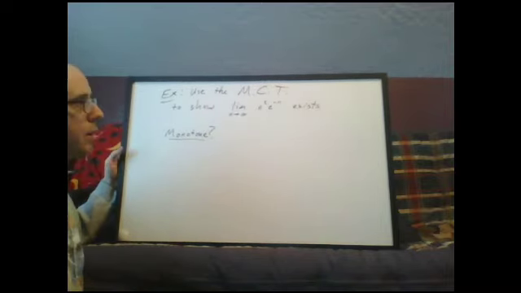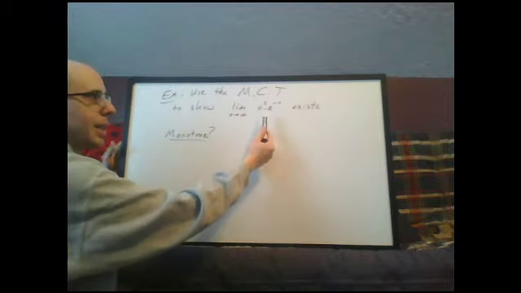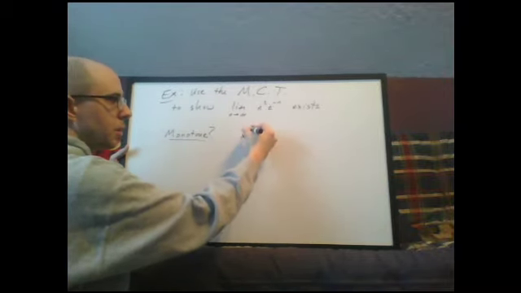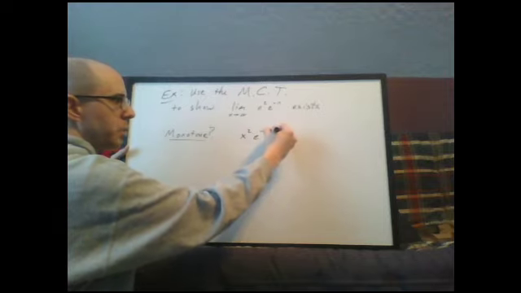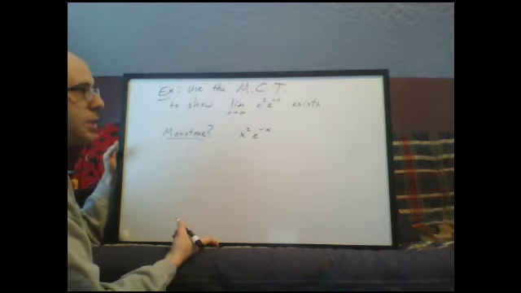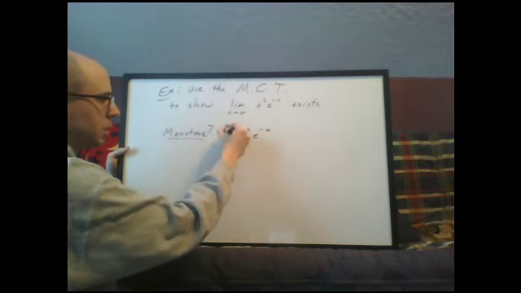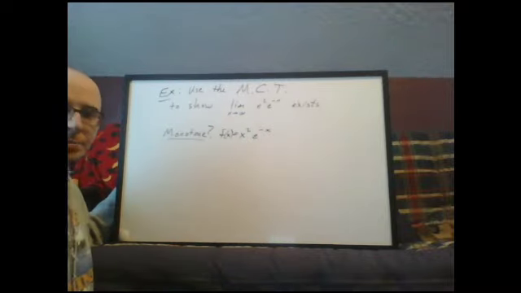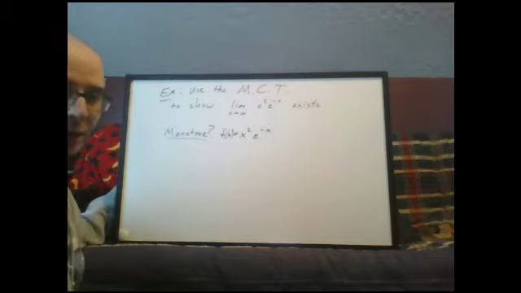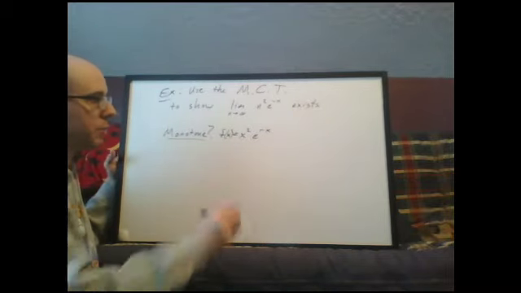For monotone, again, if it's a sequence where it makes sense to replace n with x, as it is here, x squared e to the negative x, that makes sense as a function. Let's call that function f of x. We can show something's monotone by looking at the derivative, because increasing or decreasing for functions is detected by the first derivative.